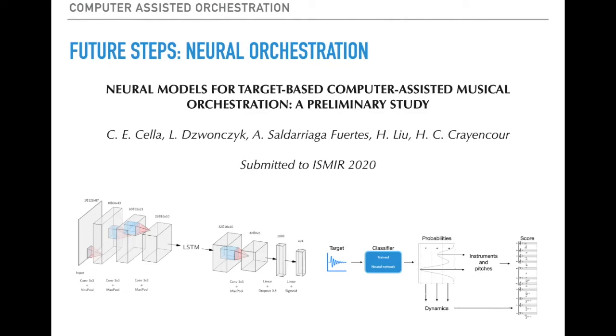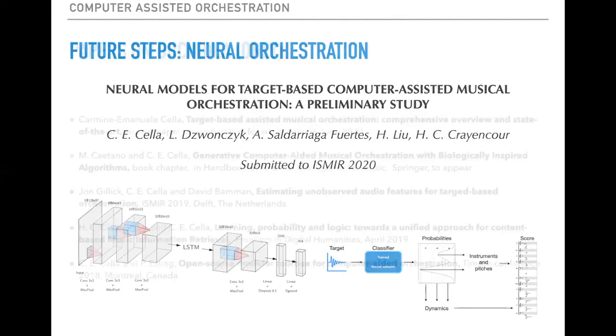There are some ideas on how you can decode information from the neural network to the symbolic domain of orchestration, and we found some interesting ideas. This is just a preliminary attempt, so it's not doing as well as Orchidea, but I think it's interesting to keep an eye on these technologies in order to see how they would work for our problem.